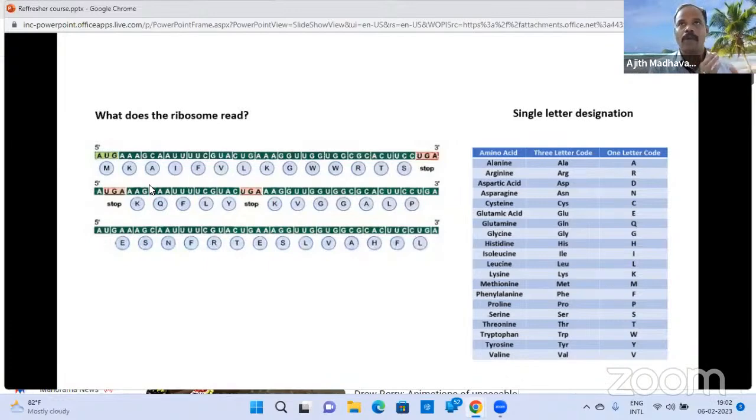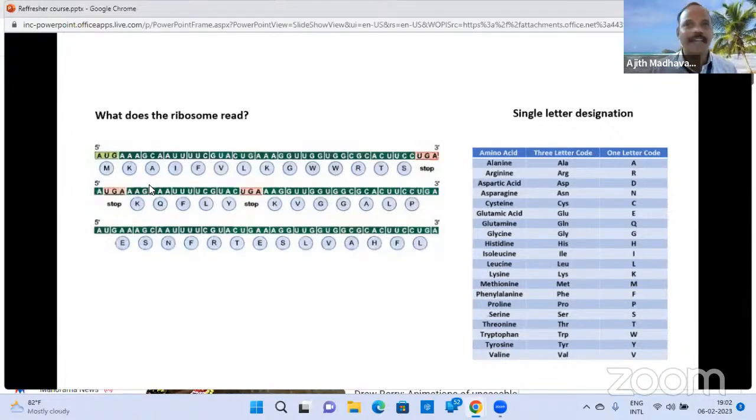You have a start codon. The start codon is usually a methionine. M stands for methionine. In certain instances, it can be valine, very rarely. But most of the time, it is methionine. So listen very carefully. Among 64 codons, one is a start codon and 3 of them are stop codons.